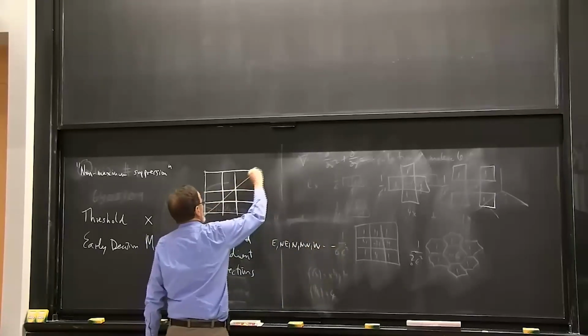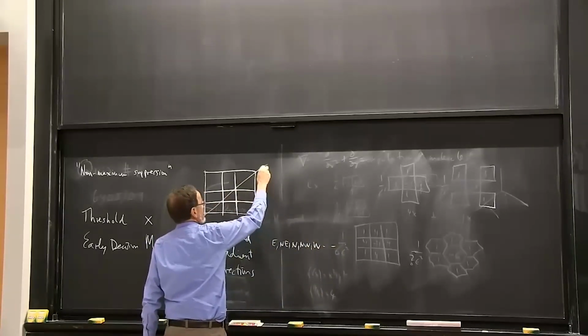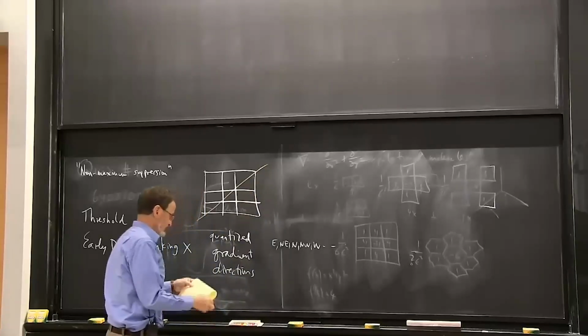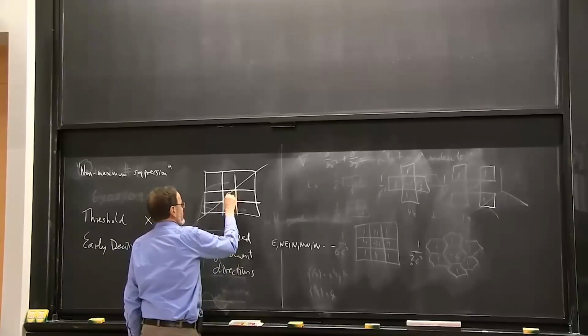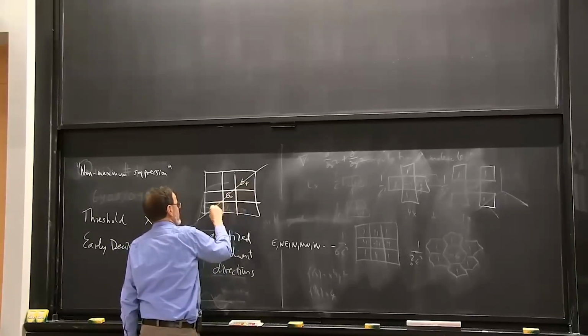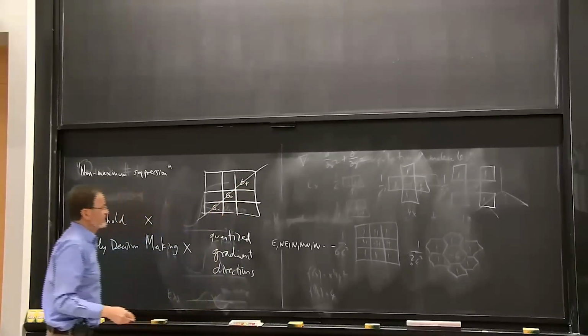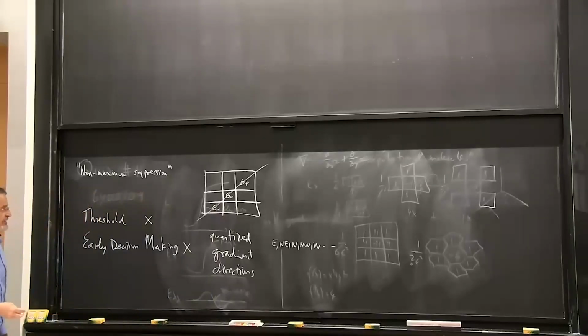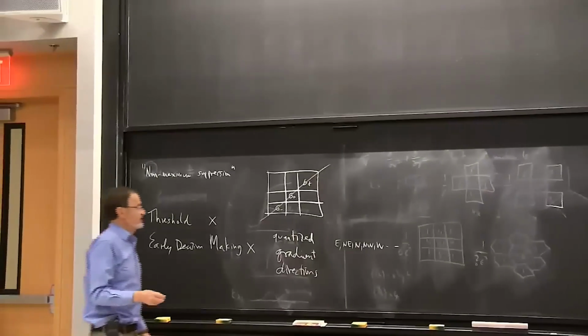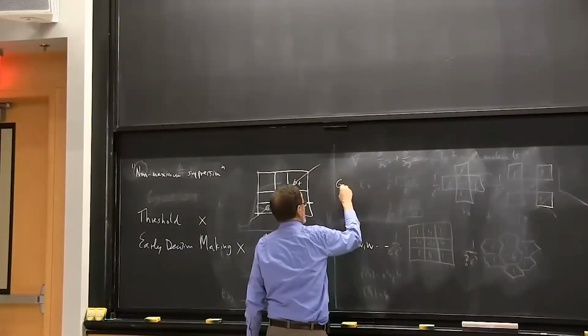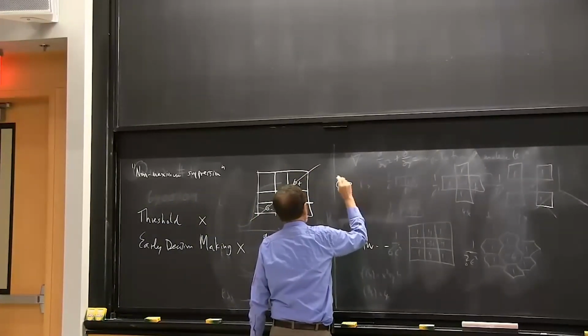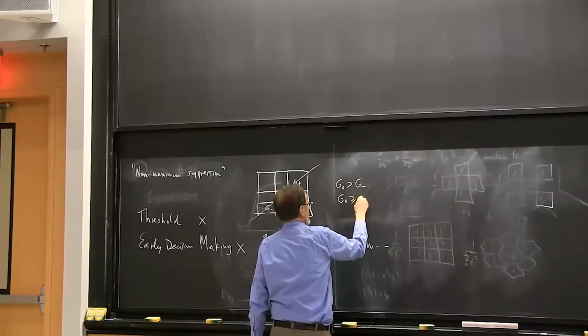And let's suppose that this is our quantized gradient direction. Then we step through the image and we consider those three values. And the non-maximum suppression says that we will accept this as a potential edge point only if this is true.